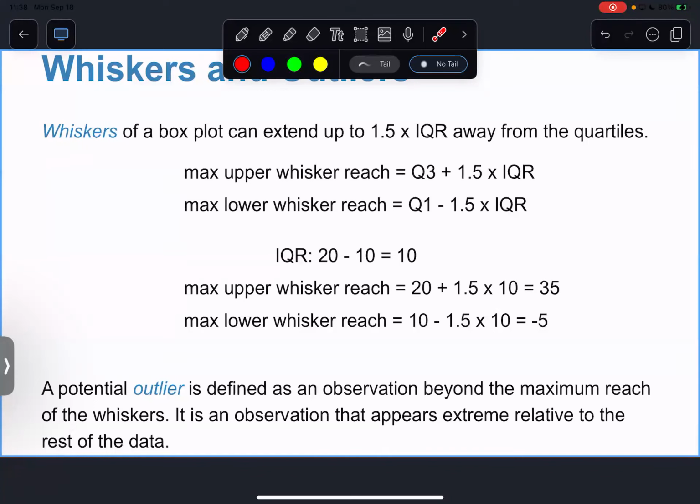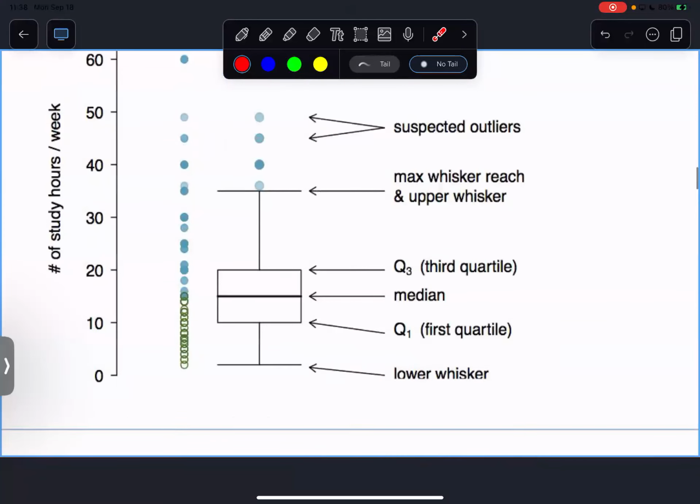So the max upper whisker reach is going to be from Q3. And this is where I find it's helpful to remember the anatomy of the box plot. So you're going from Q3, you're allowed to go 1.5 times the interquartile range, where this distance here is the interquartile range.